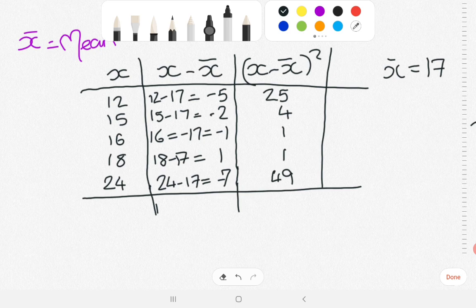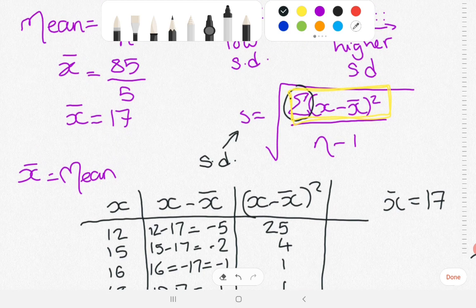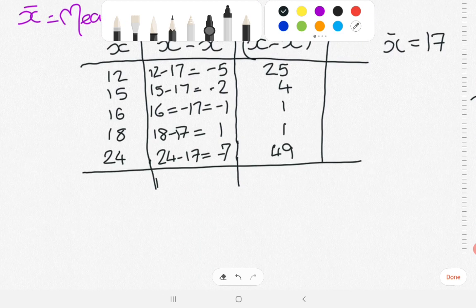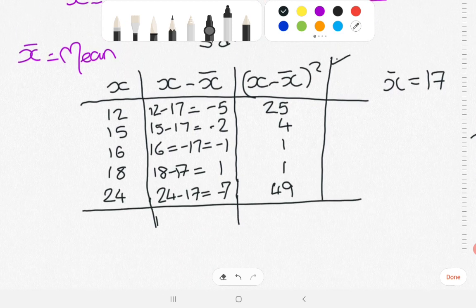Now, if we go back to the formula, it asked us for the sigma, the sum of all the x minus x bar squareds. So this is the x minus x bar squared column, but it wanted the sum of, the sigma. So sigma is going to be what we get if we add all those up. Now, 25 add 4 is 29, 30, 31 add 49, and that's going to give us an answer of 80.